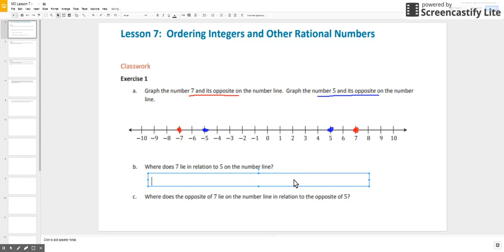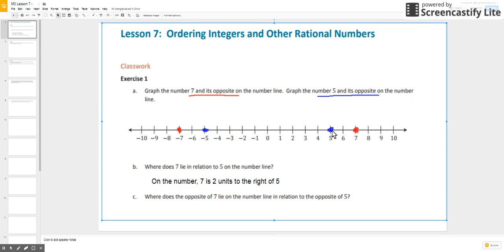On the number line, 7 is 2 units to the right of 5, 1, 2. There is the relationship between these two dots.